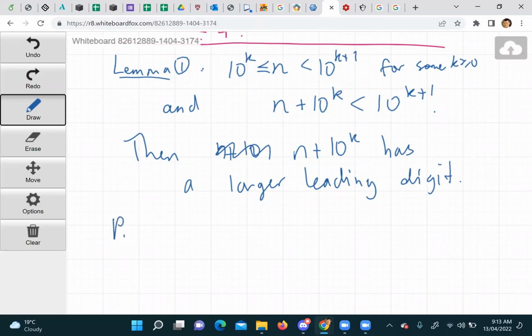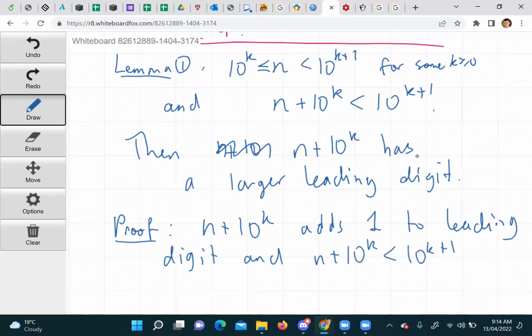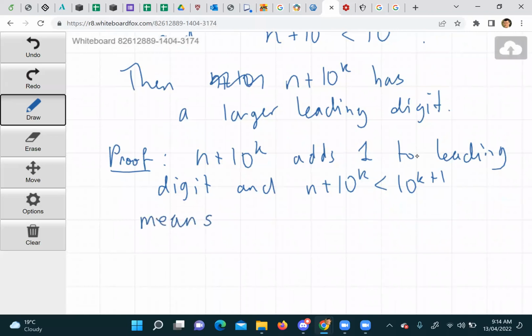So the proof is, see the very first one is always... I guess it essentially means that n has leading digit 8 or something.